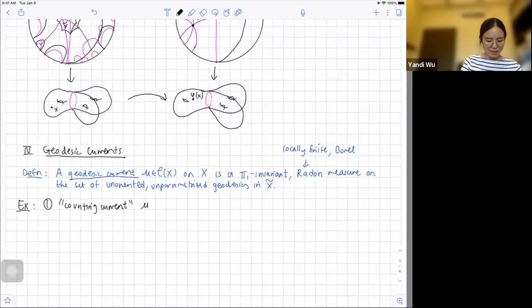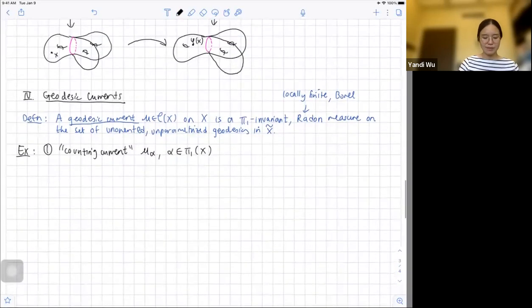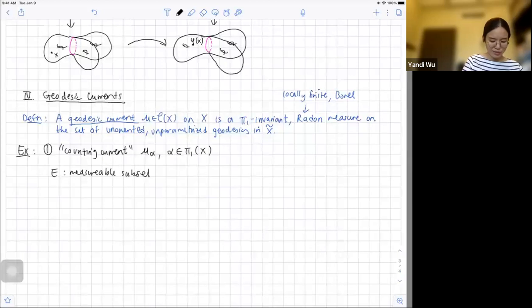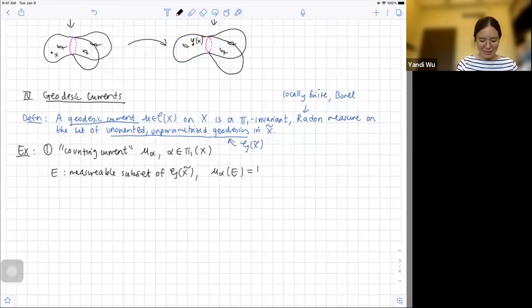This is associated with an element of pi1 of X. If you have a measurable subset of your space of geodesics, which I'm going to call script G of X tilde, so this is my measure space, the measurable subset of the unoriented, unparametrized geodesics, you can define the measure of that subset as the number of times that subset intersects all the lifts of alpha in the universal cover.